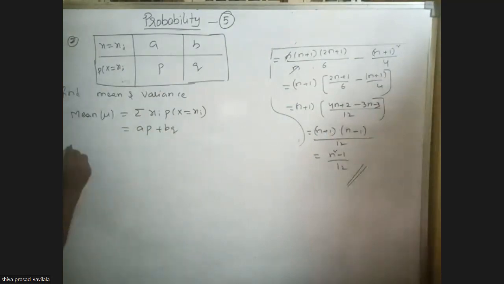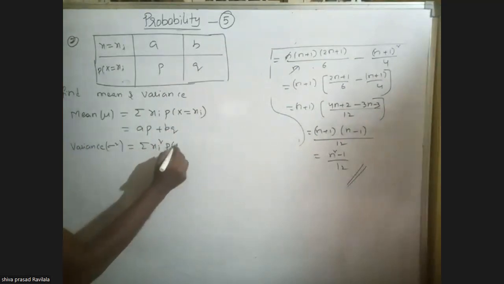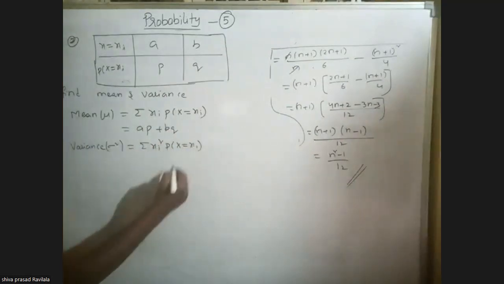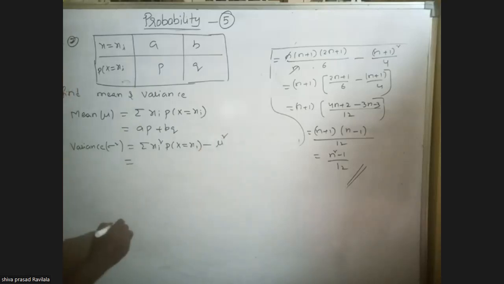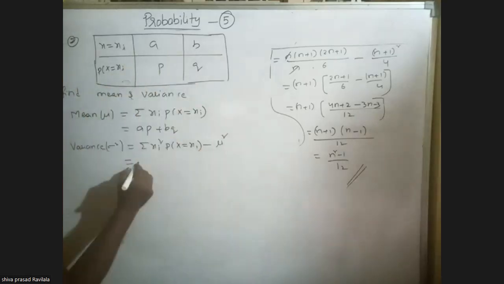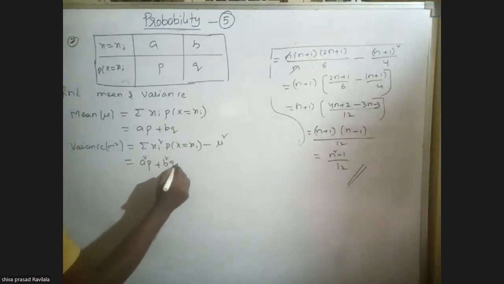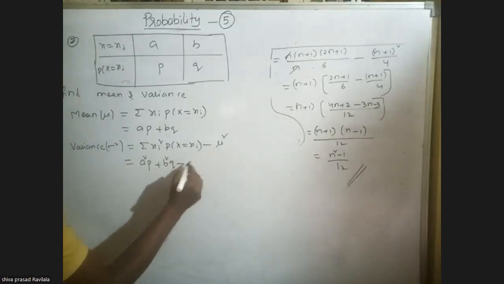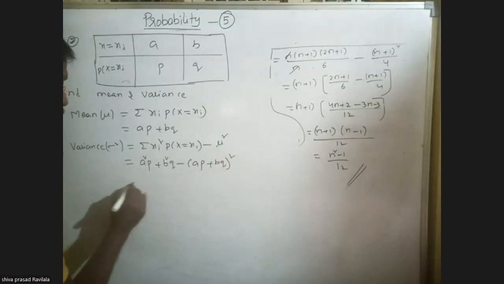And next, variance. Variance sigma square is equal to summation Xi square into probability of X is equal to Xi minus mu square. Xi square: a square into p plus b square into q, minus mu square, ap plus bq whole square.